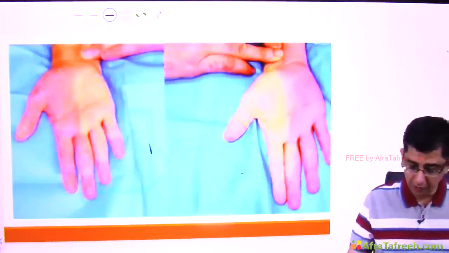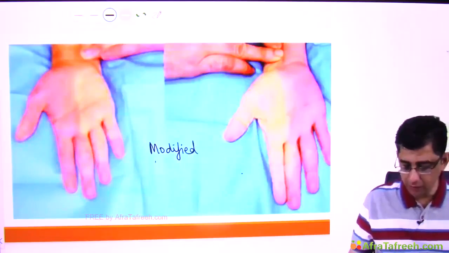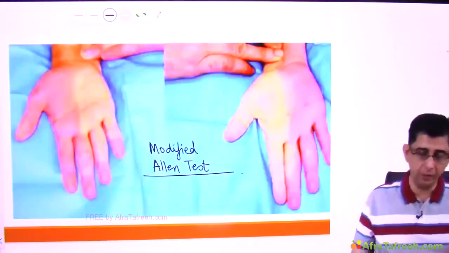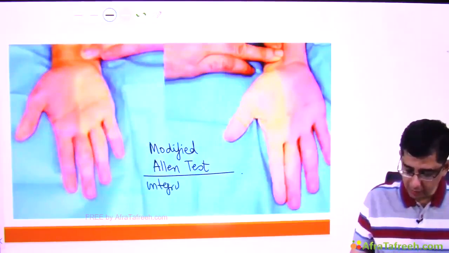As you can see in the figure, we are performing what is called a modified Allen's test, in which you are going to be testing the integrity of the palmar arch. If he says in a question, what is the reason behind performance of a modified Allen's test? It is integrity of the palmar arch.